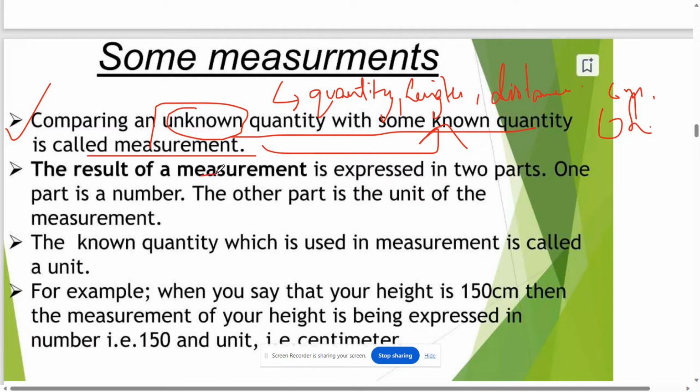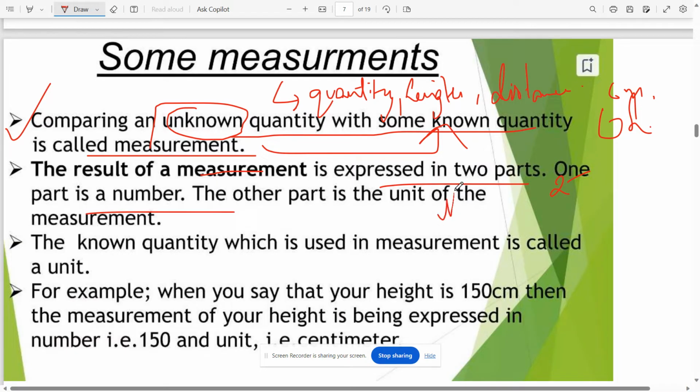The result of a measurement is expressed in two parts. One part is the number. The other part is the unit of the measurement. What are the units?